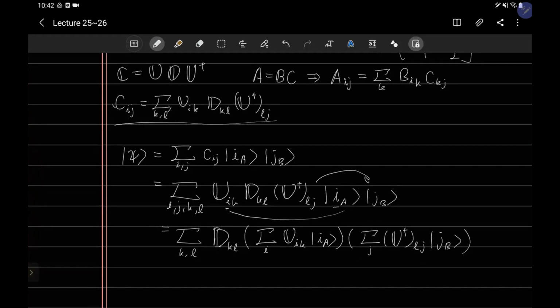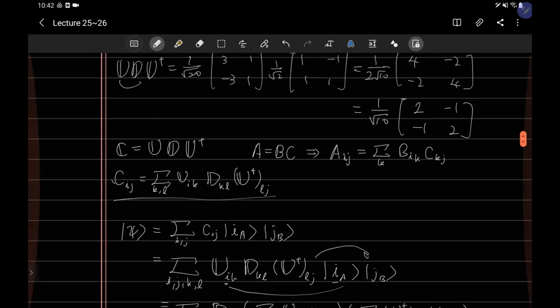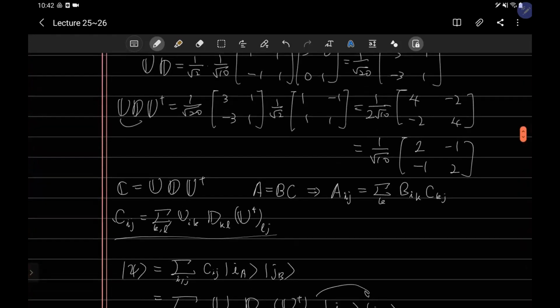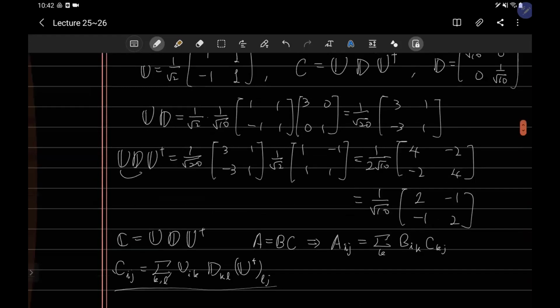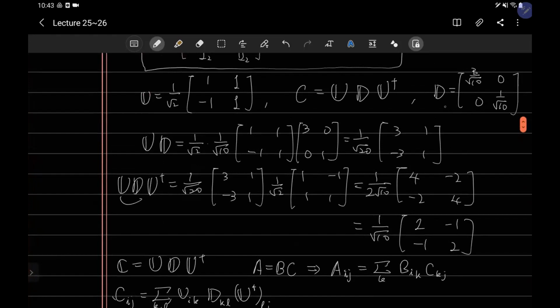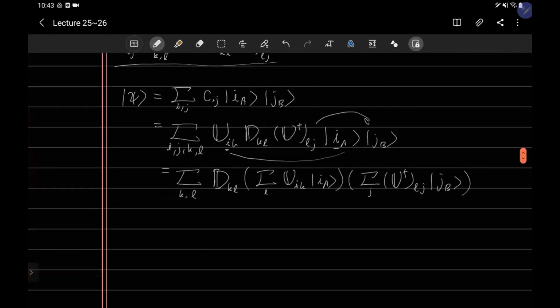And even though this might look like a summation of all the possible cases K and L, we know that when we converted the C into this shape, we intentionally had the center one as the diagonal shape.